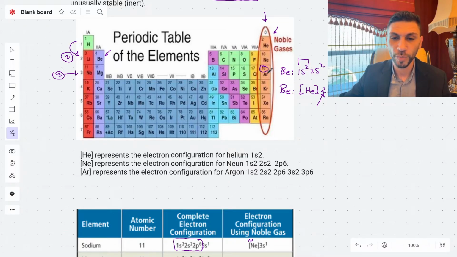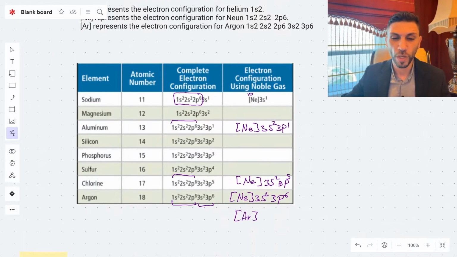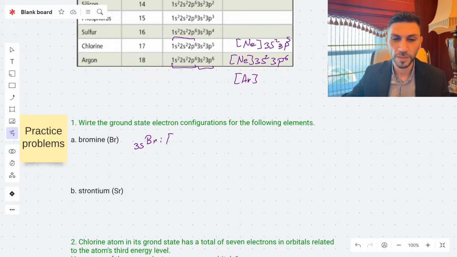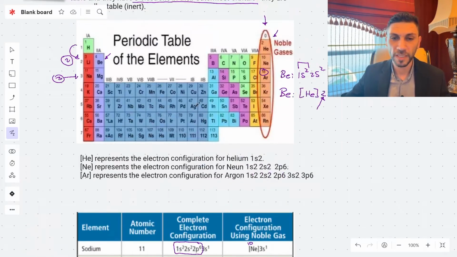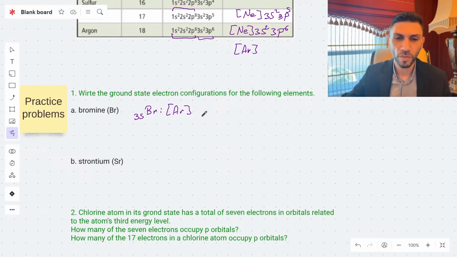It's going to be the argon. So I'm going to write argon Ar, and that is 18 electrons, but we have 35 electrons. The bromine is in period number 4, so I'm going to start with 4s2.